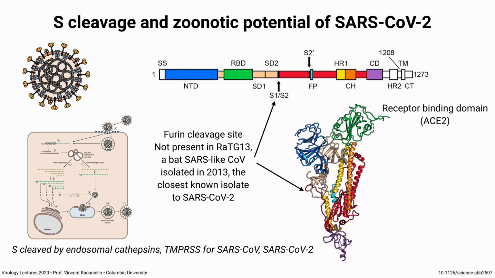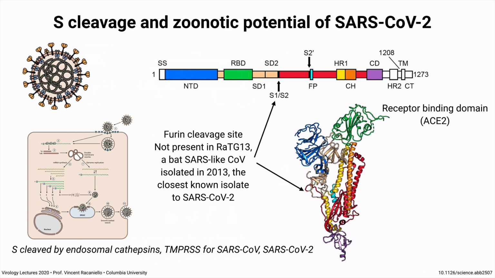So here's our coronavirus particle to remind you. It's an enveloped virus with spike glycoproteins embedded in the viral membrane. This spike mediates attachment to cell receptors. The viruses enter by endocytosis, and upon acidification of the endosome, the viral and cellular membranes fuse and the RNA is deposited in the cytoplasm.